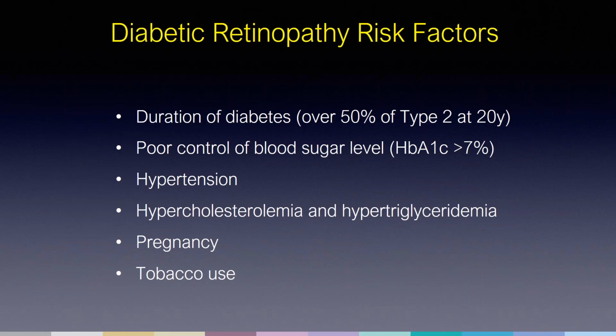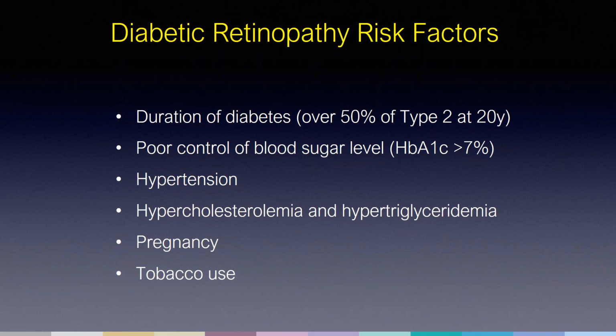Well, we know that the diabetic retinopathy risk factors are as follows. By far, the most influential is the duration of the diabetes. So if you have diabetes mellitus for a long time, especially over 20 years, you're much more likely to have it than someone who's had it for less. But those people who have poor control of their blood sugar have an accelerated progression of diabetic retinopathy.